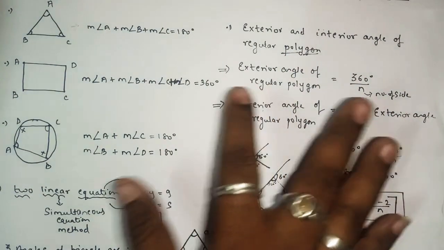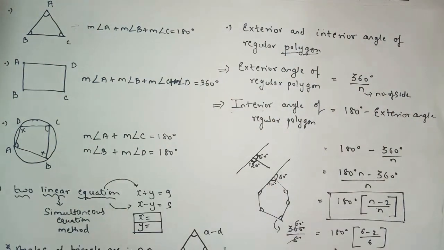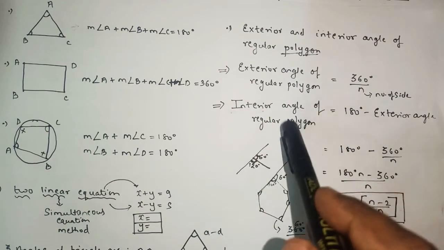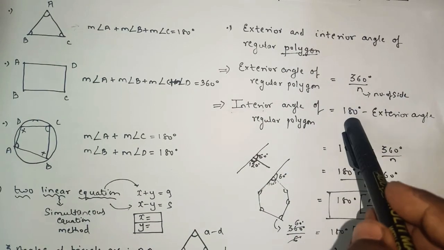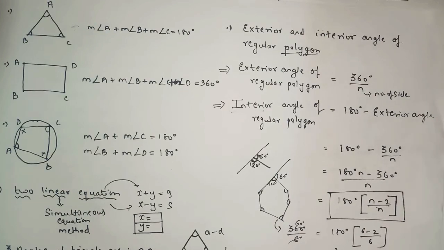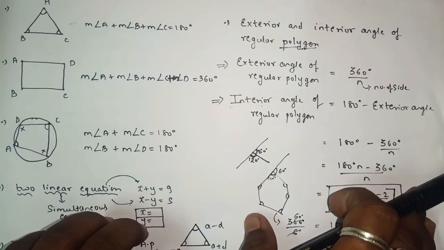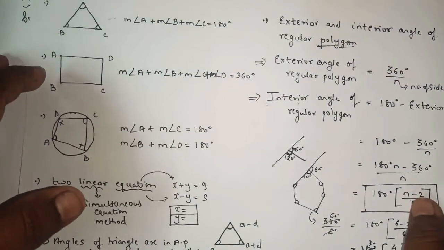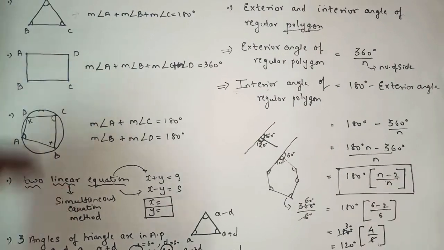To find the exterior angle, simply apply this property, that is 360 upon n. N is what? Number of sides. To find the interior angle of a regular polygon, the concept is 180 minus the exterior angle. Okay, so let's move on to the next sum.